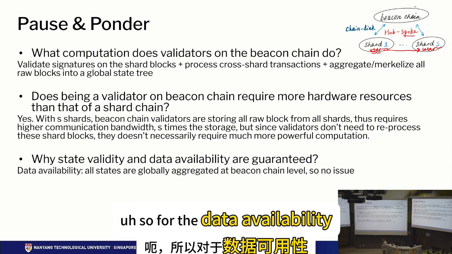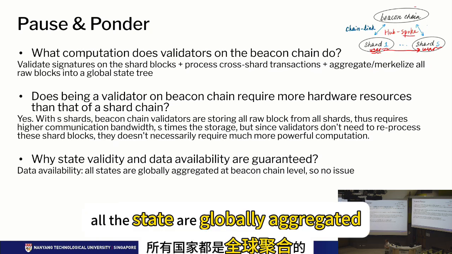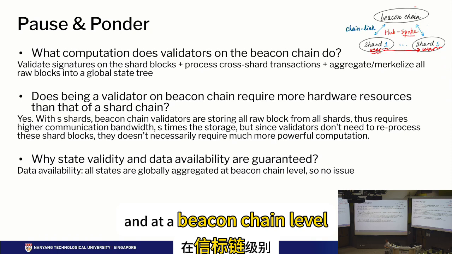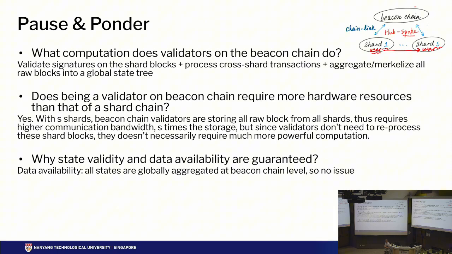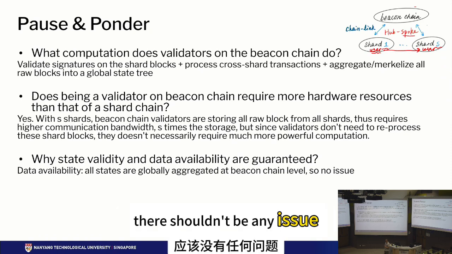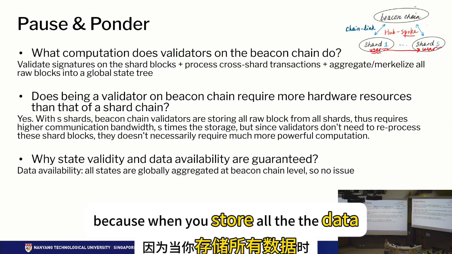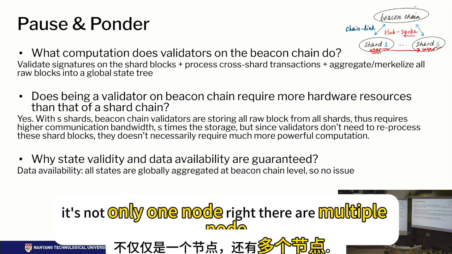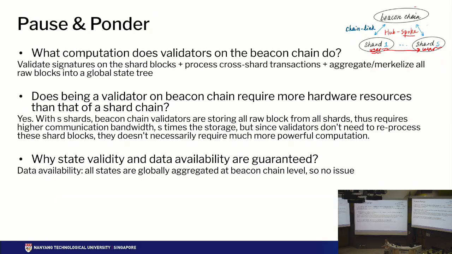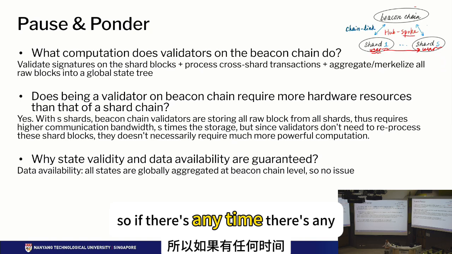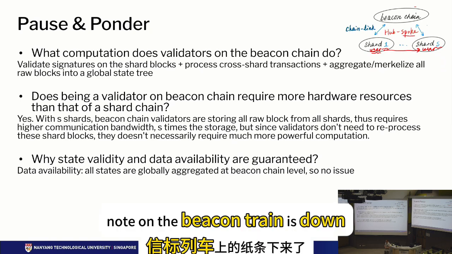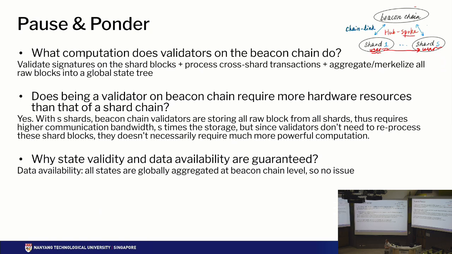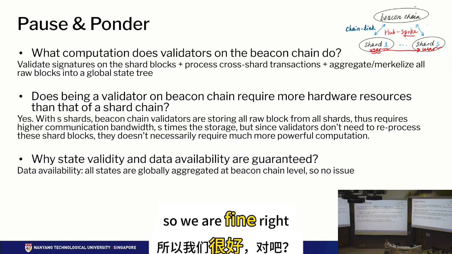So for the data availability, all the state is globally aggregated at the beacon chain level. So there shouldn't be any issue because when you store all the data on the beacon chain, it's not only one node, right? There are multiple nodes. So if at any time any node on the beacon chain is down, they are fine, right?